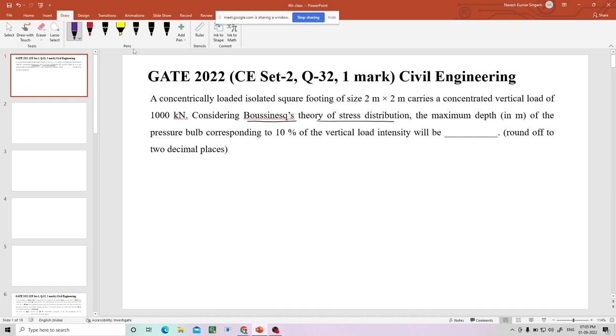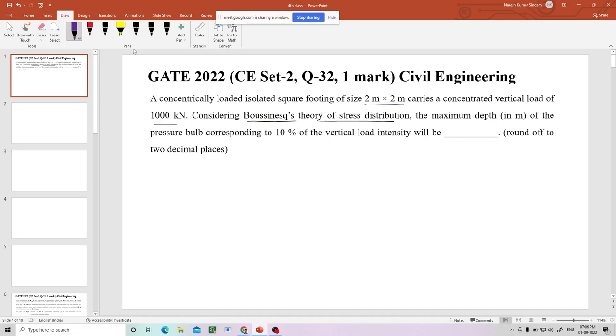A concentrically loaded isolated square footing of size 2 meter by 2 meter carries a concentrated vertical load of 1000 kilonewton. Considering Boussinesq theory of stress distribution, the maximum depth in meters of the pressure bulb corresponding to 10% of the vertical load intensity will be how much?